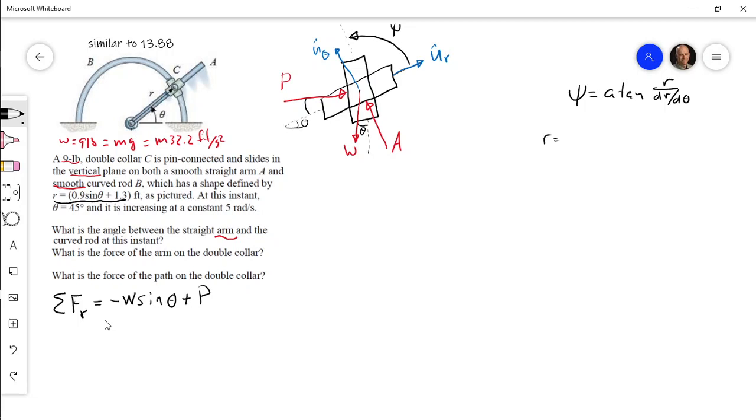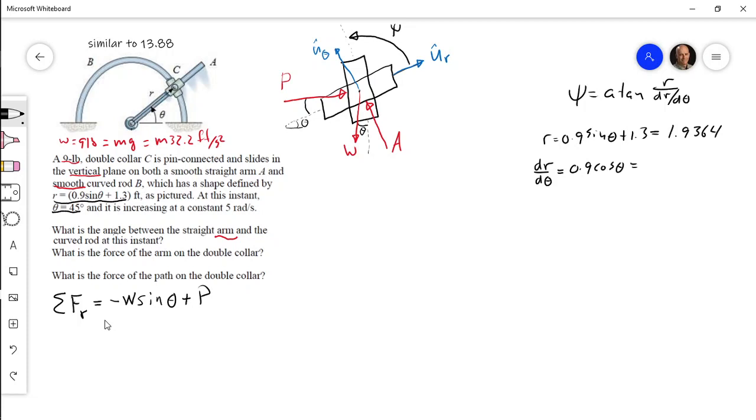R equals 0.9 sine theta plus 1.3, and theta is 45 degrees, and when you plug that into your calculator you get 1.9364. And then dr d theta, note that this is not r dot, which is dr dt, this is dr d theta, is simply 0.9 cos theta.